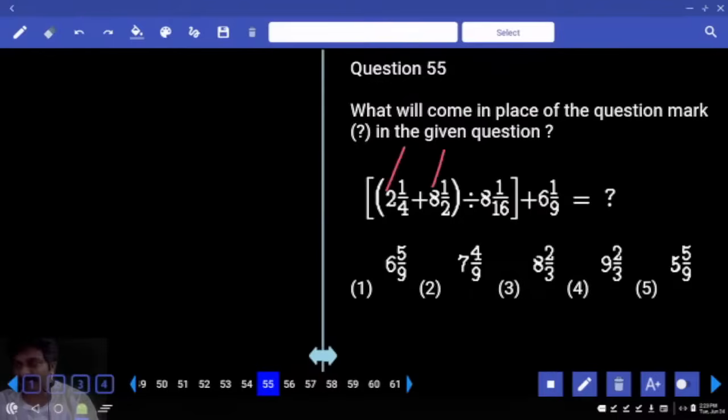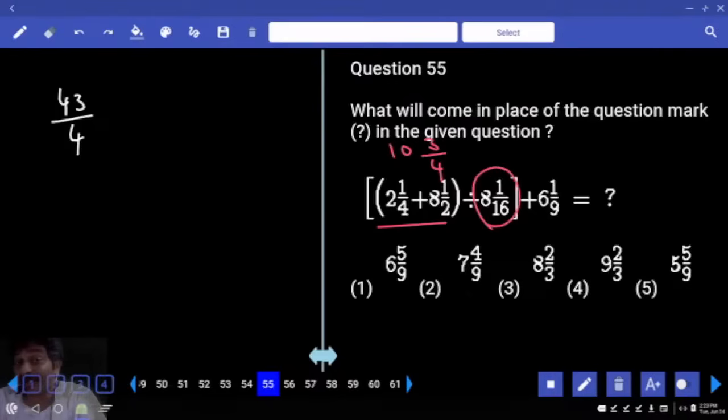2 plus 8. 1 by 4 plus 1 by 2. 1 by 2 I'll write as 2 by 4. 1 by 4, 2 by 4. So this entire value is 10, 3 by 4, which is equal to 43 by 4. 8, 1 by 16, 81 by 16 can be written as into 16 by 81. Are you fine?